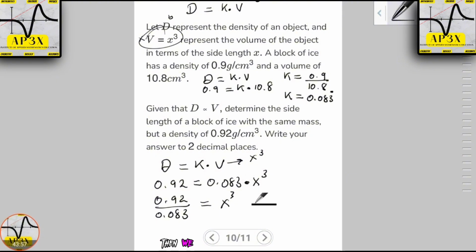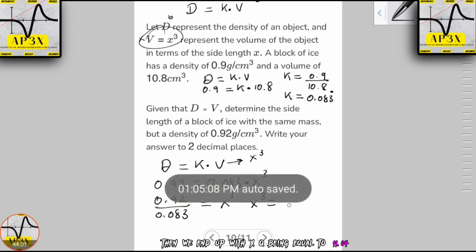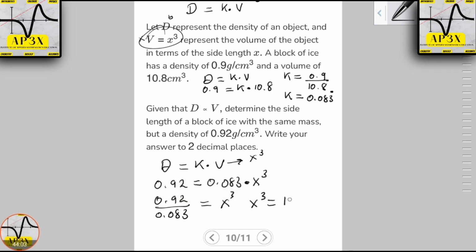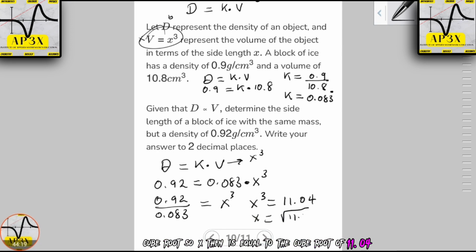So we end up with x cubed being equal to 11.04. So we basically then need the cube root. So x then is equal to the cube root of 11.04.